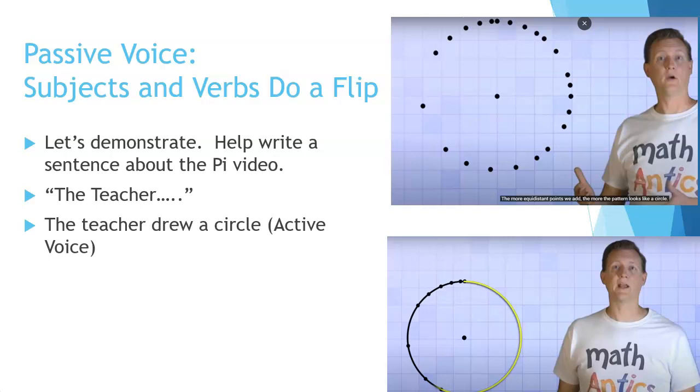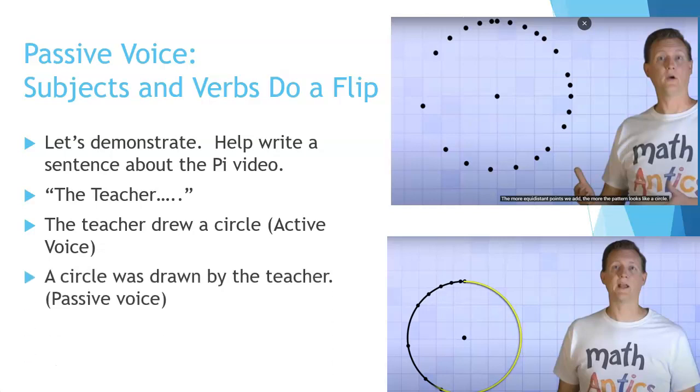Now, if we flip the subject, which is teacher, with the verb drew, we get something like this. Circle was drawn by the teacher. Passive voice. In the active voice, the teacher drew a circle, the subject performs the action. But in the passive voice, the subject is acted upon. The subject receives the action.